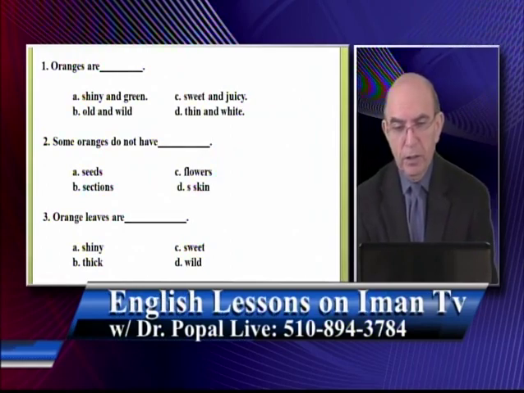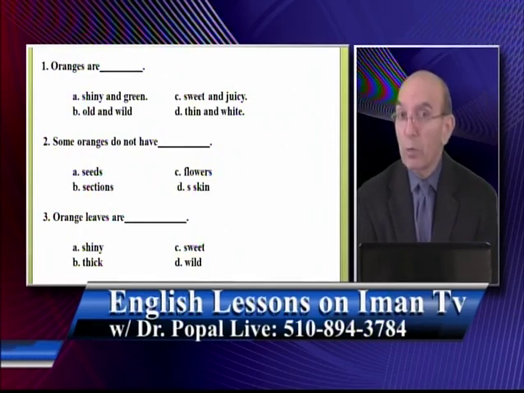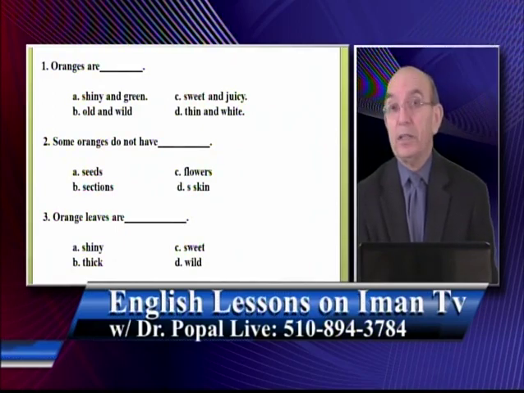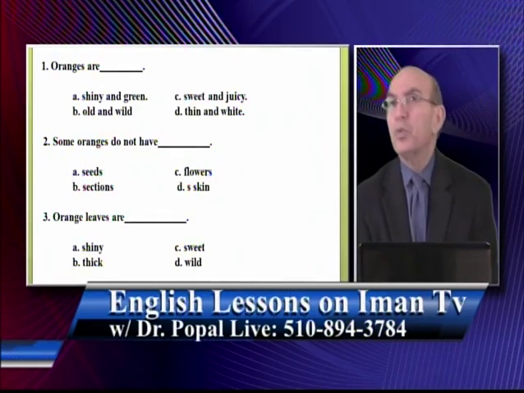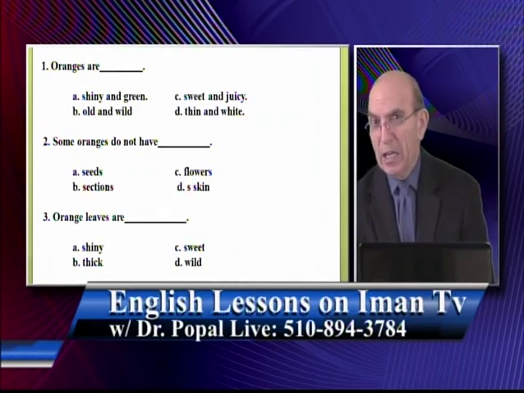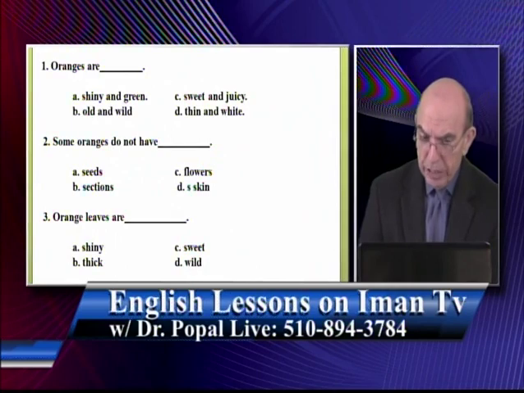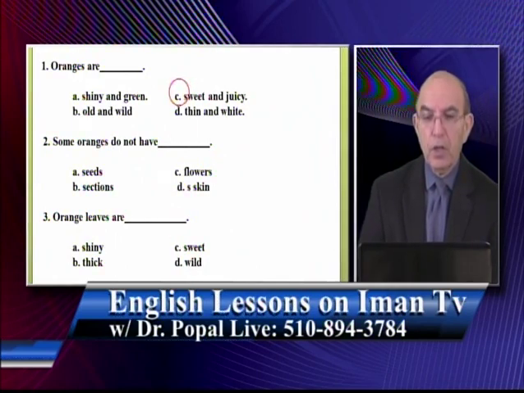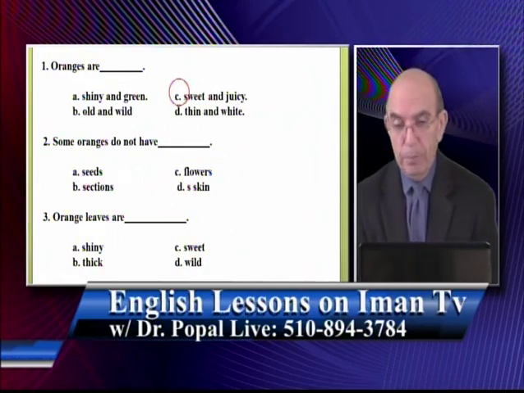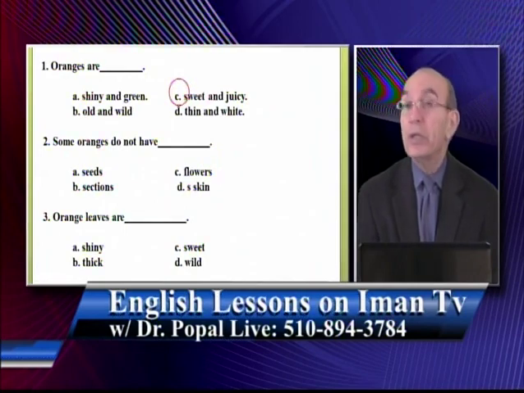Shiny and green, old and wild, sweet and juicy, thin and white. Which one did you choose? A, B, C, or D? The correct answer is sweet and juicy. Oranges are sweet and juicy.